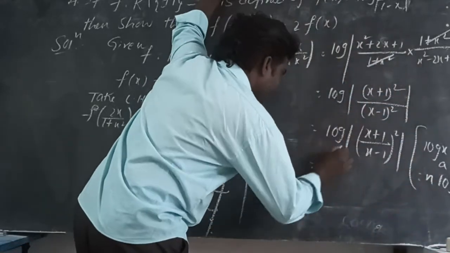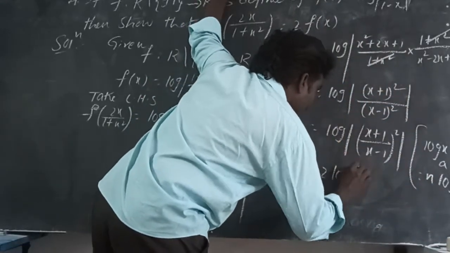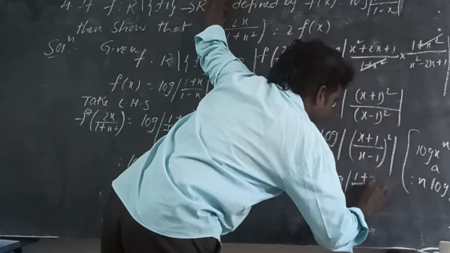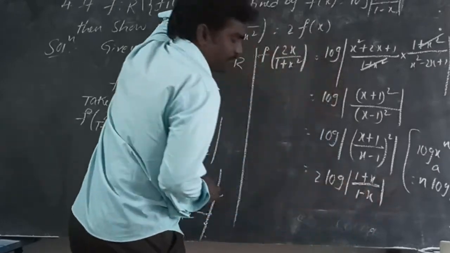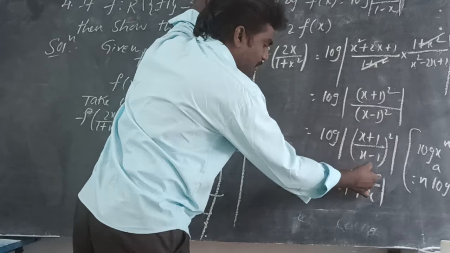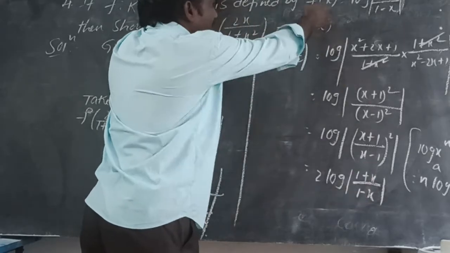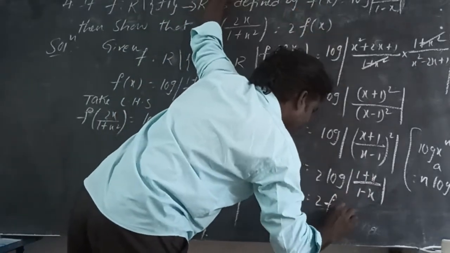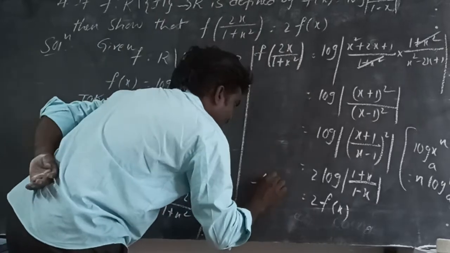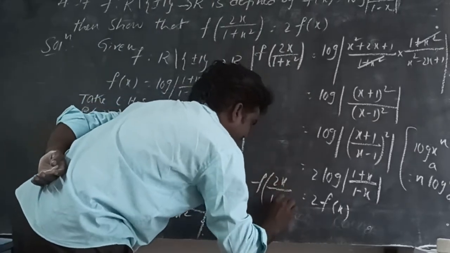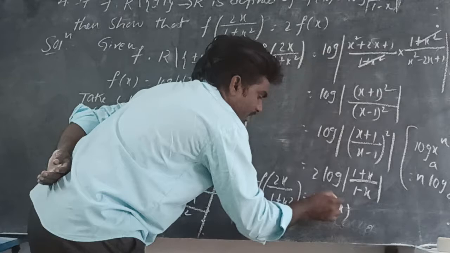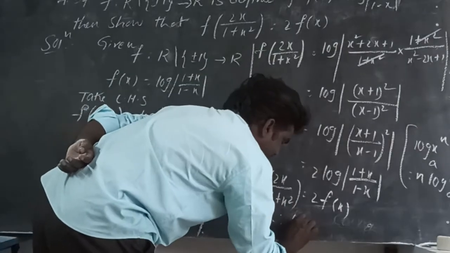That is, here we can write as 2 log modulus 1 plus x by 1 minus x. So log of 1 plus x by 1 minus x is nothing but what? f of x. That is 2 of f of x. So f of 2x by 1 plus x square is equal to 2 of f of x. Therefore, hence 2.